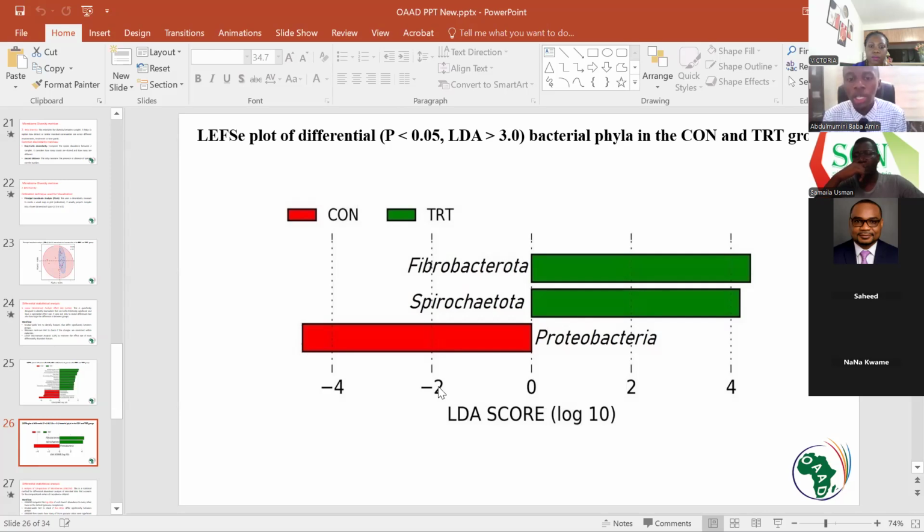It's just for illustration that it was taken to the minus side, meaning this one is significantly increased. But it's a positive digit, not a negative digit. This is unlike correlation, where we have a negative correlation and a positive correlation. As far as the CON group is concerned, it is an increase, while this particular red one is a decrease in the TRT group. Proteobacteria is a decrease in the TRT group, right?